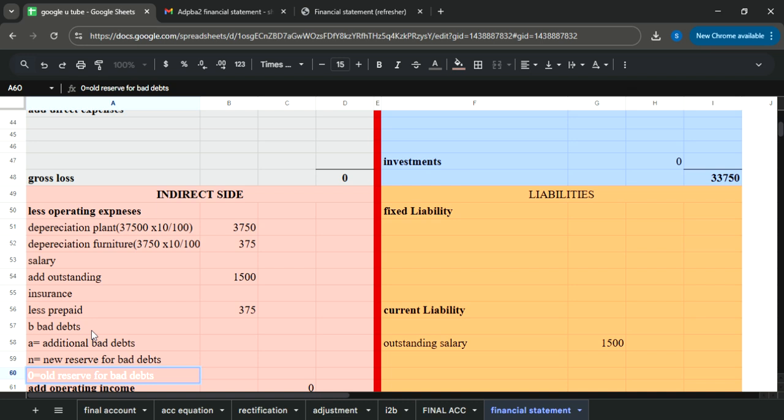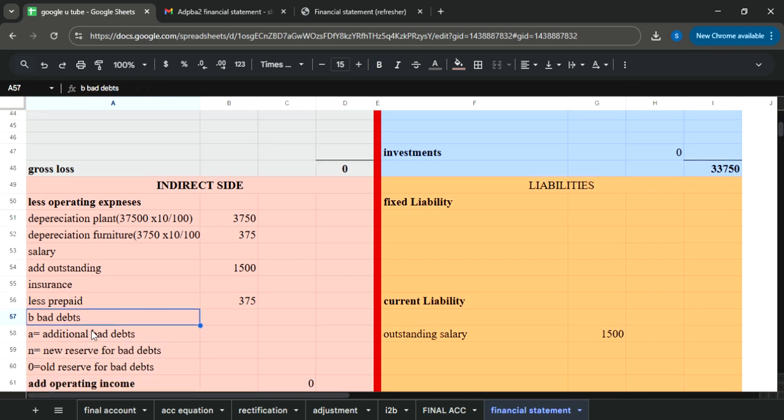Now guys, why am I writing everything while we are not confirmed if every element of this adjustment is present? This is for the learning purpose.